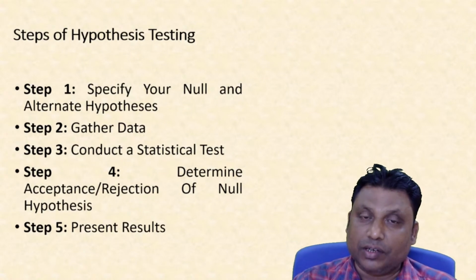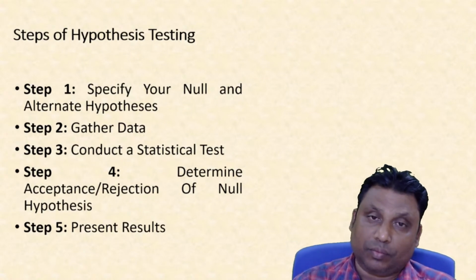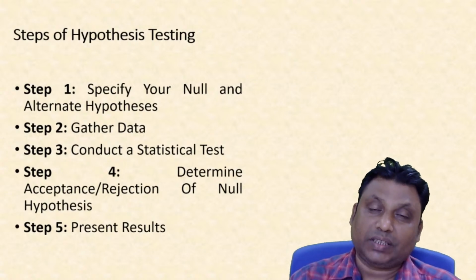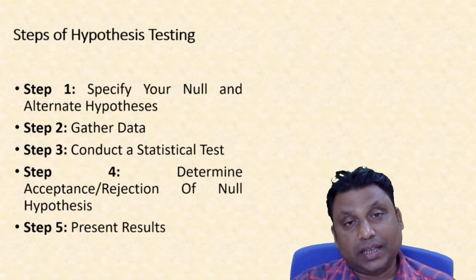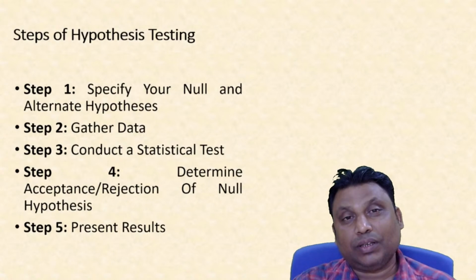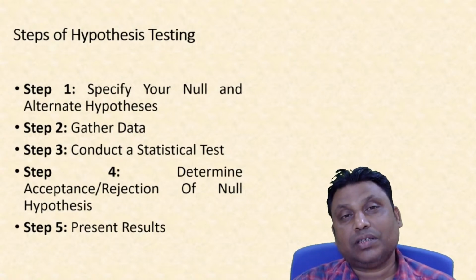If this result is less than the tabulated value, which is given in tabular form at the back of your books, or you can collect from internet sources also, then only you can say that your null hypothesis is accepted. If your calculated value is greater than the tabulated value, then your null hypothesis is rejected.